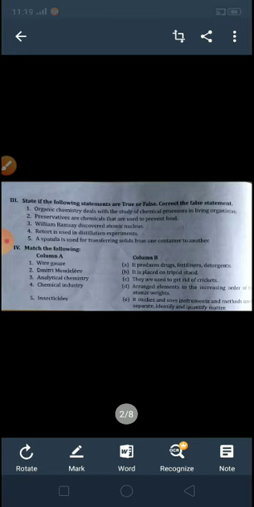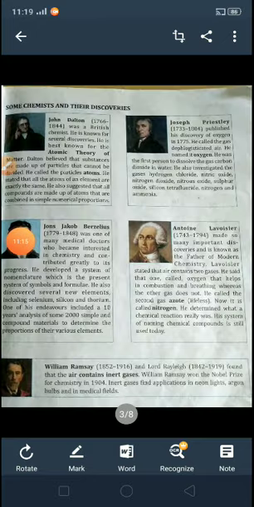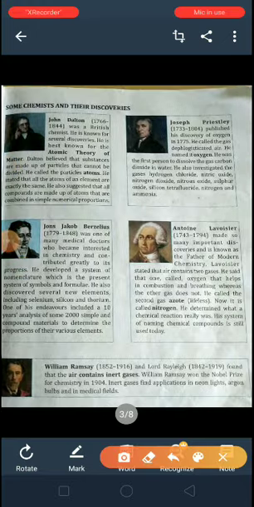The next one: William Ramsay discovered atomic nucleus. As you can see, William Ramsay was not related to atomic nucleus.